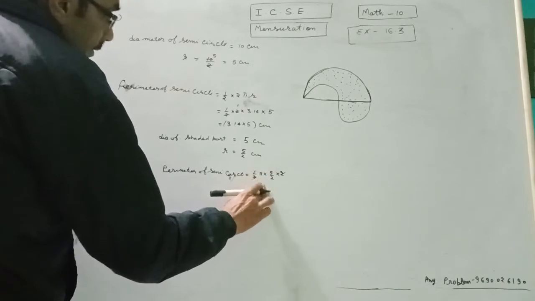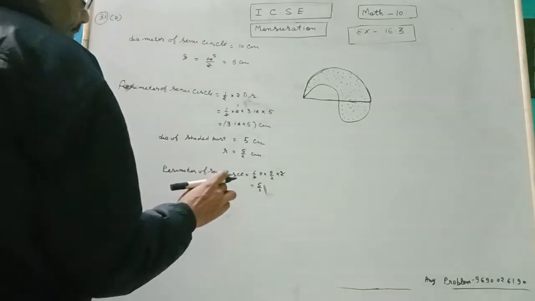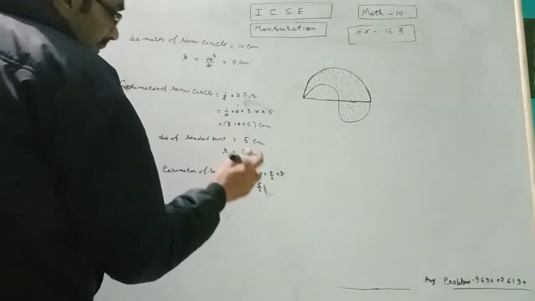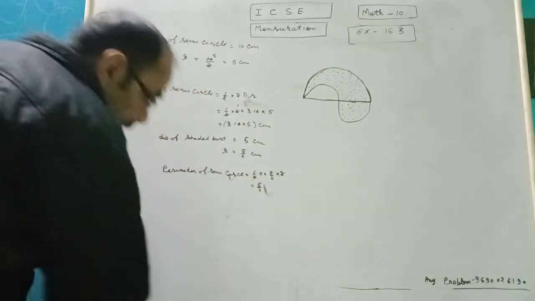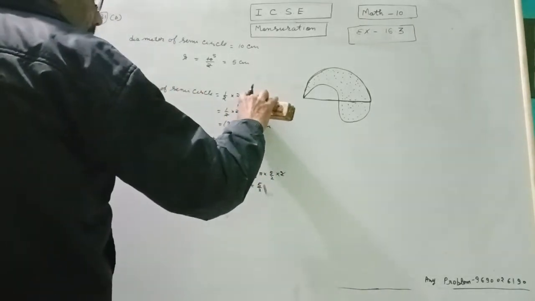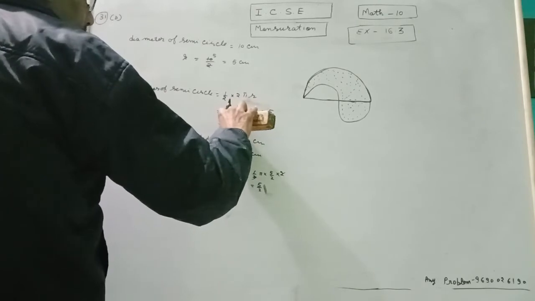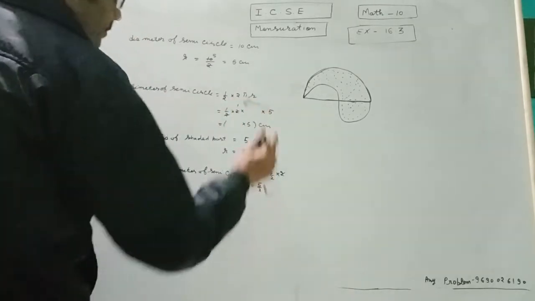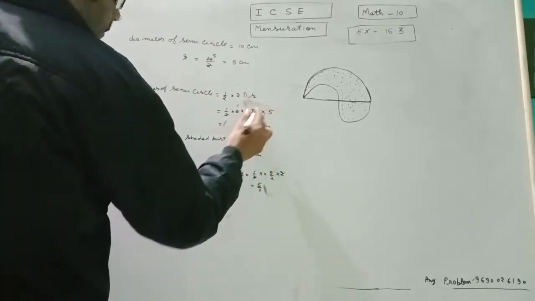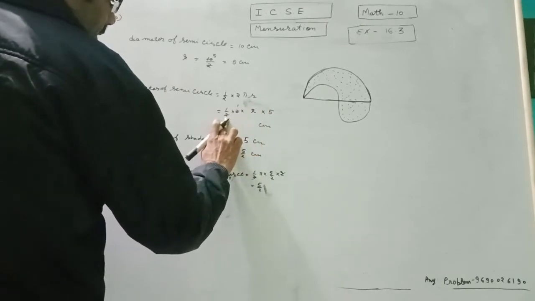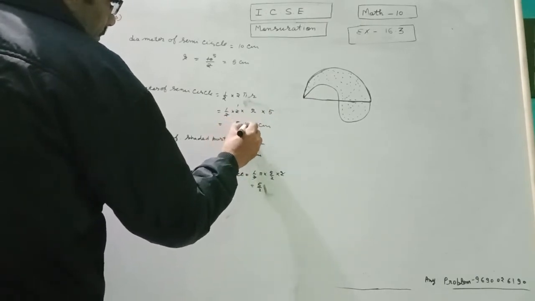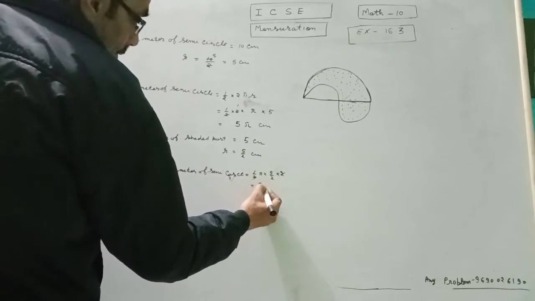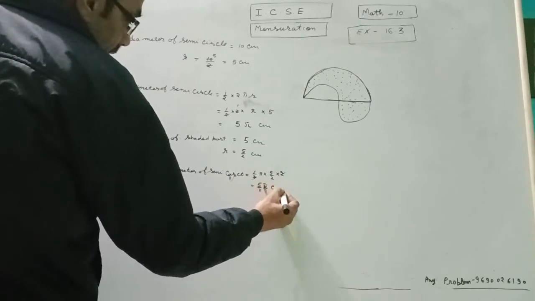The pi value is not given, so we put the value of pi by note. 5 pi cm and 5 upon 2 pi cm.